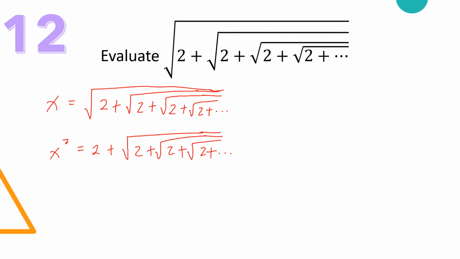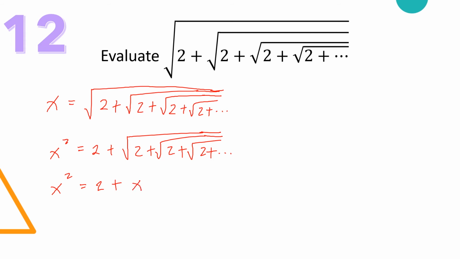Notice that the second term in the right hand side of the equation is still equal to x as we assumed in the first equation. So we have x squared is equal to 2 plus x.